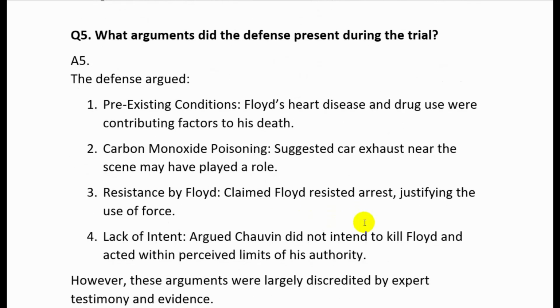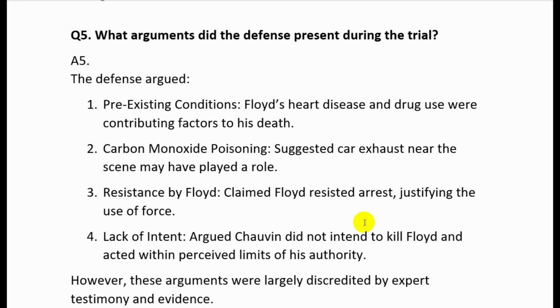What arguments did the defense present during the trial? The defense argued, so one part is the prosecution, the other part is the defense. The defense is from Derek's side. The prosecution is from George Floyd's side. Pre-existing conditions. The defense took this argument that Floyd had a heart disease and he was also using drugs, which were some of the contributing factors to his death.